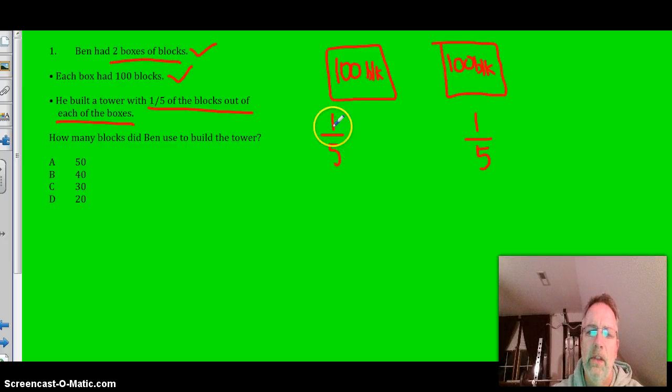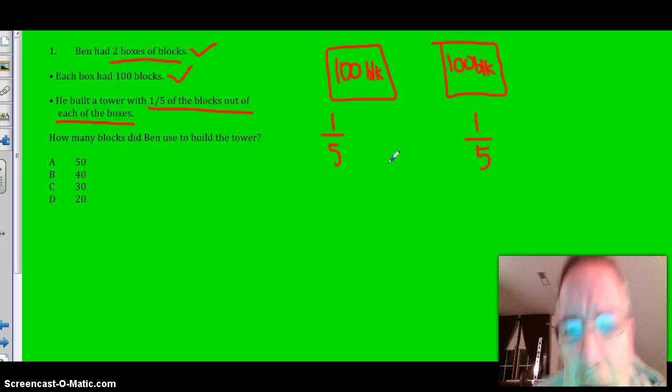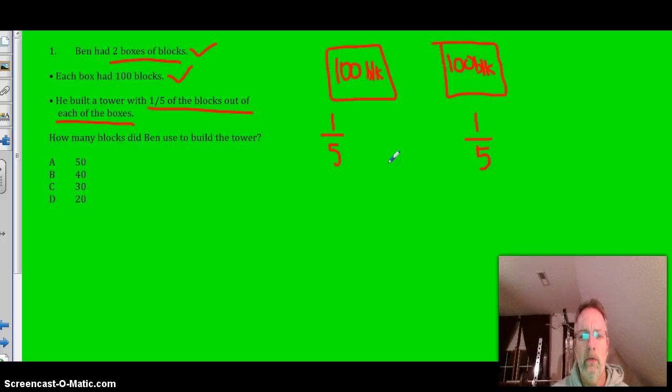Is 1/5 more than half or less than half? Well, we know it's less than half because 2.5 is half of 5, and 1 is a lot less than half of 5. So he's going to use less than half of the blocks out of each of these boxes.